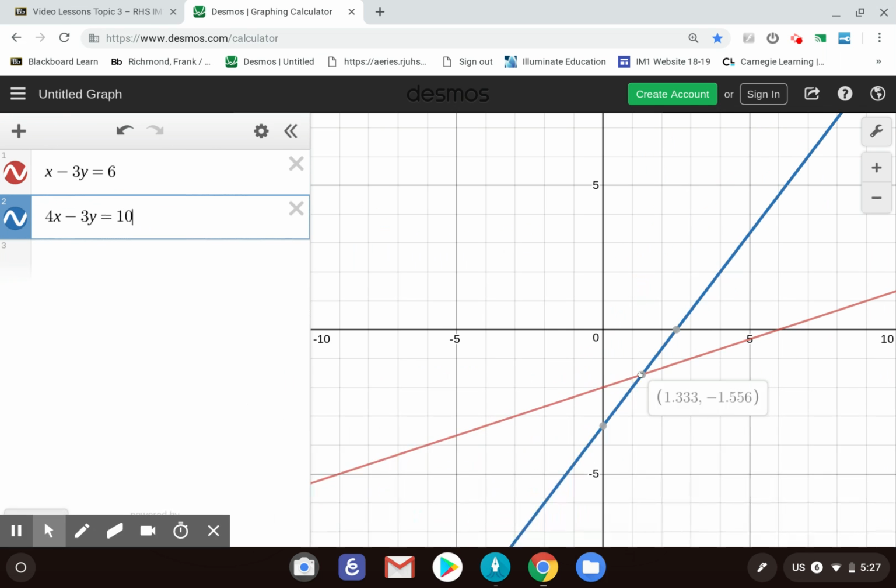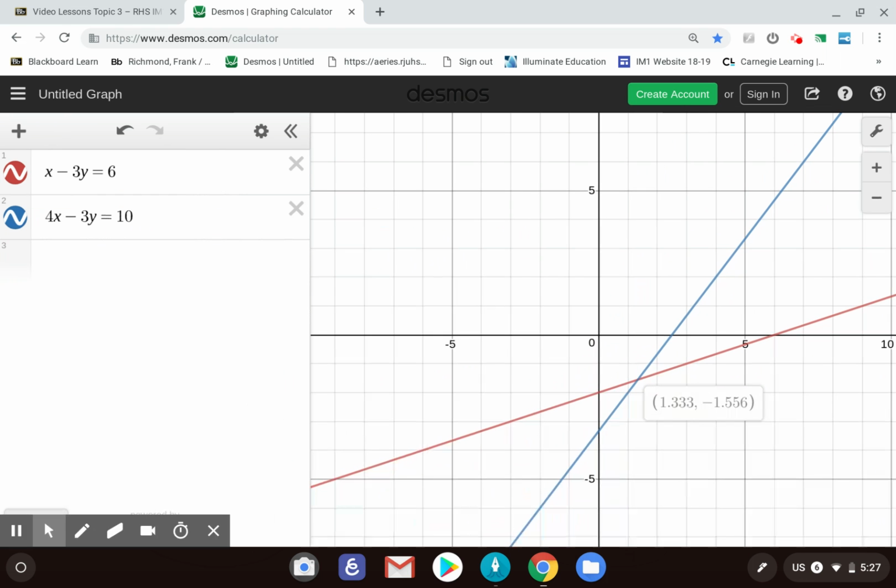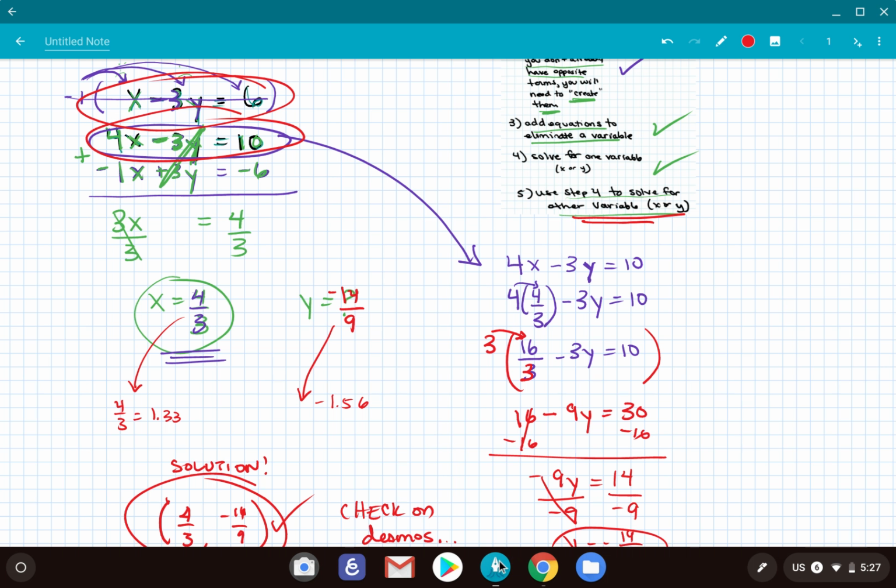And if I look, it's 1.335 for the x value and negative 1.56 for the y value. And that is exactly what I got when I solved by elimination. If you change these decimals, they're exactly the same. So we know that we got the right answer.